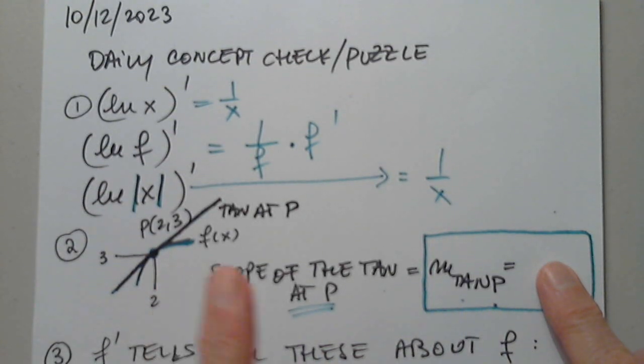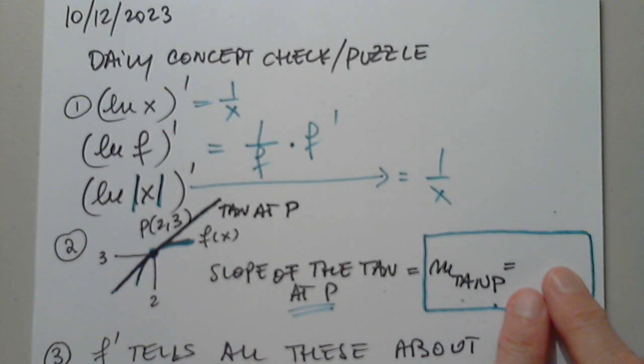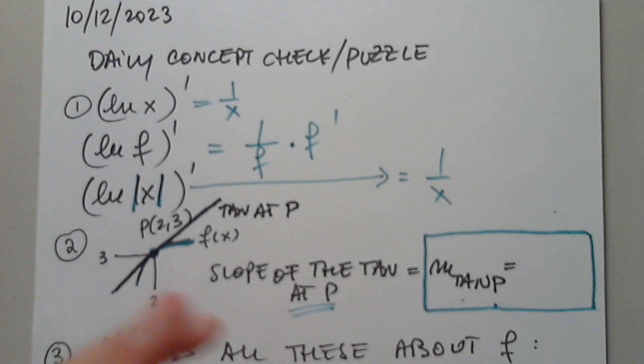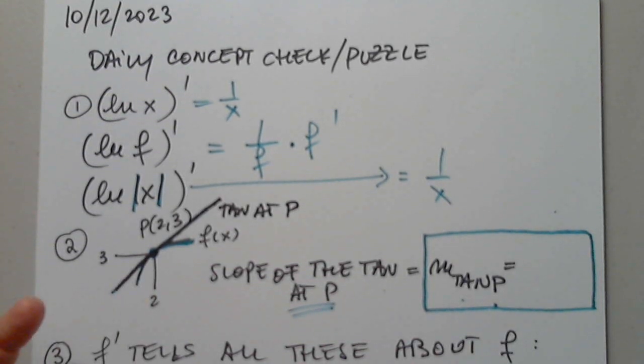So look at this example and tell me what to write here, please. Anyone? Well, if this is not clear, then we cannot make progress, because this is the core of what we're doing here.